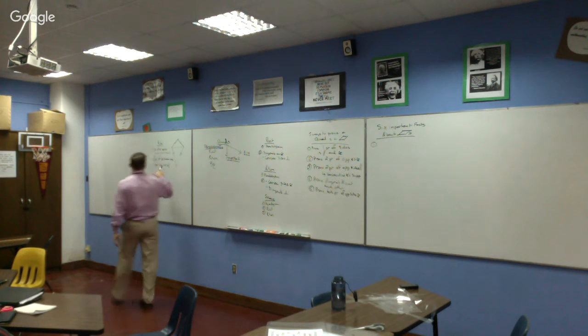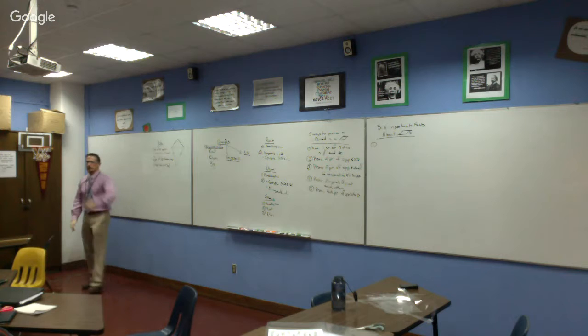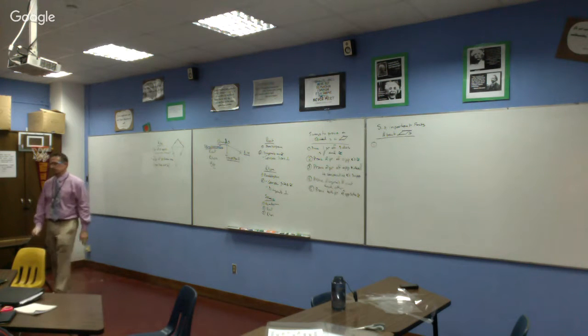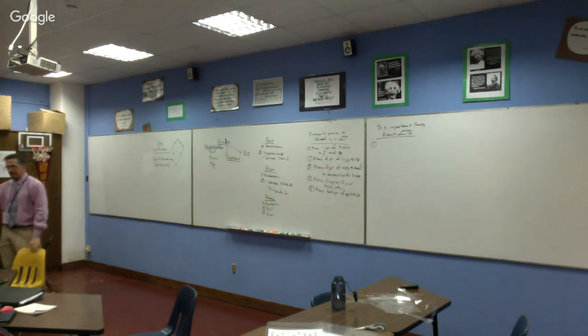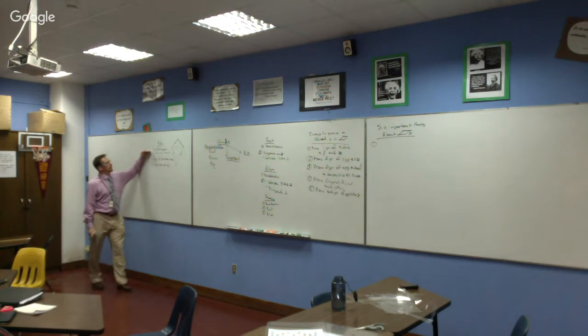And if consecutive sides were also congruent, it would be a rhombus. So, for a kite: one pair of opposite angles that are congruent, two pairs of consecutive sides that are congruent.